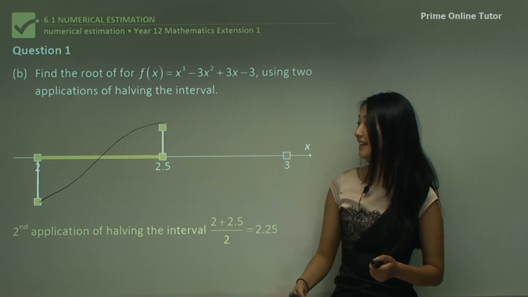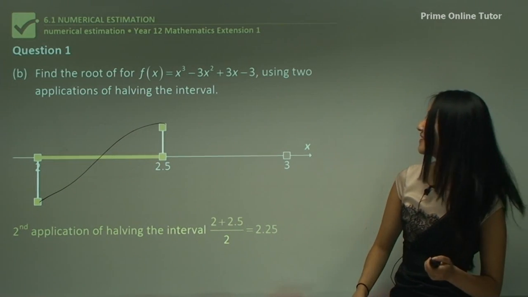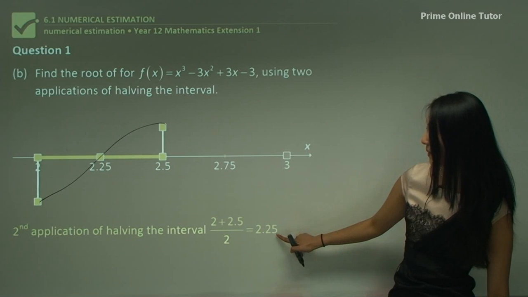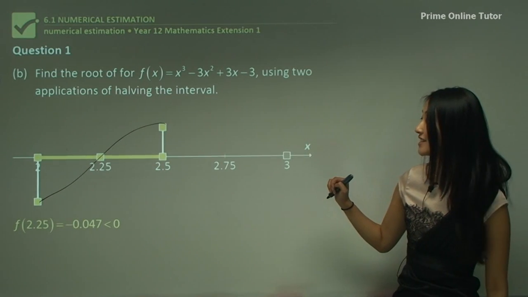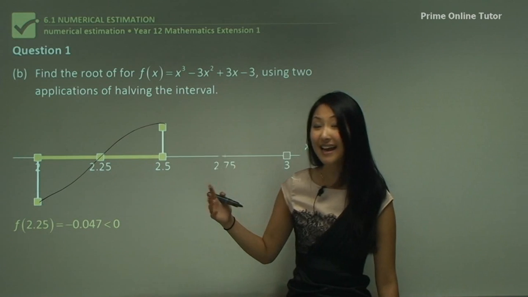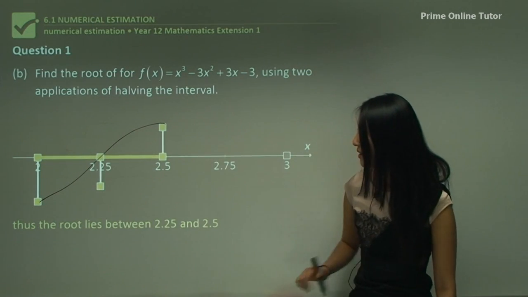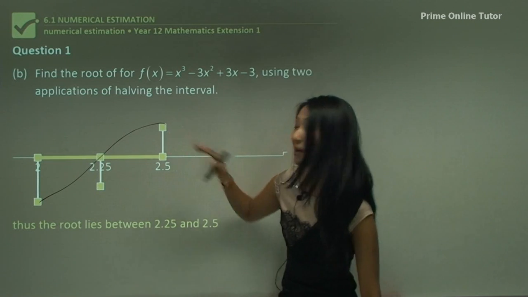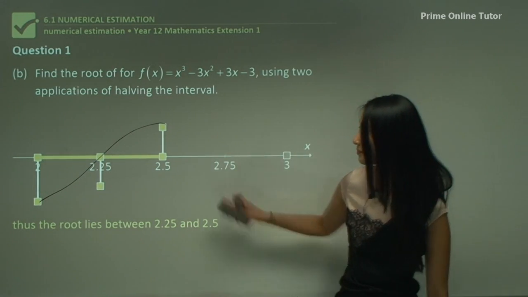And now we do the second application, all right? So that's when we halve the interval again. So between that is 2.25. And just substitute that straight into the equation, and we work out that it's negative in this case. Yeah? And if it's negative there, it must be between the negative and the positive. They have opposite signs, so the root lies between them.